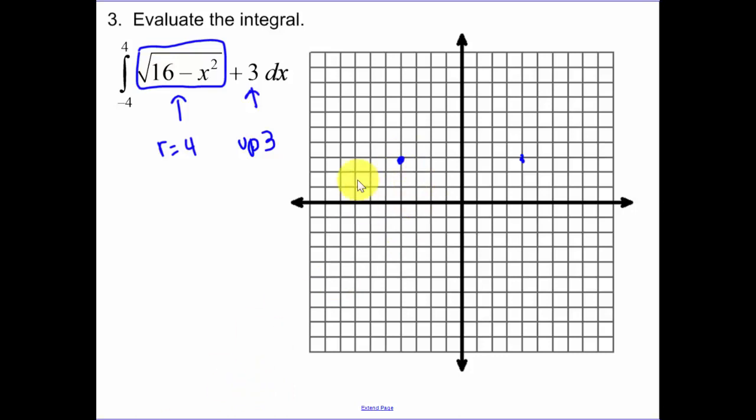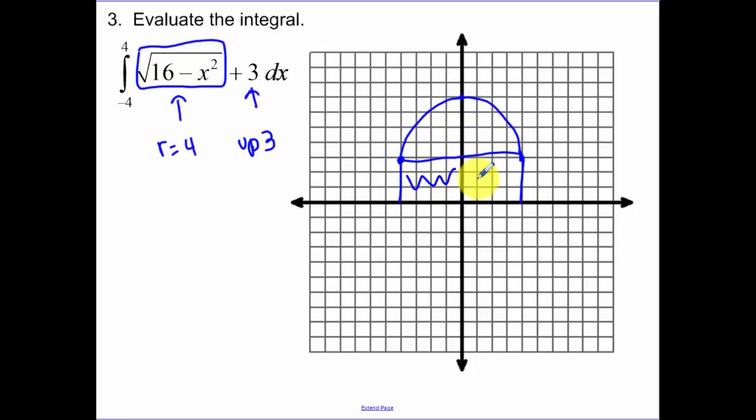So I have really two pieces here. I have this bottom piece, which is a rectangle, and then I have a circle of radius 4. So we have two pieces that we're going to find the area of.